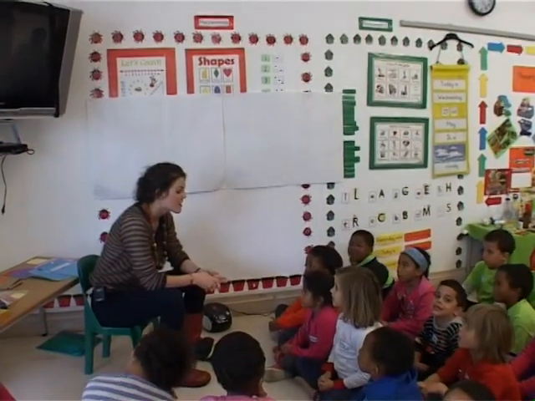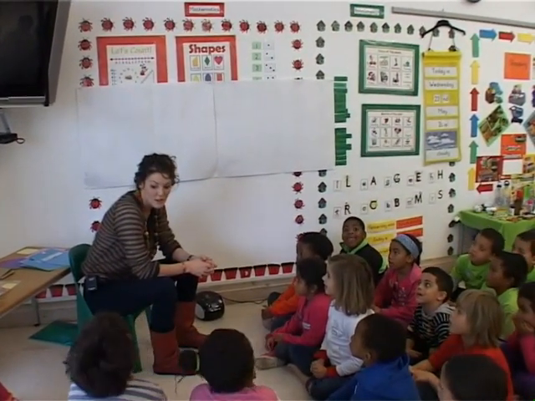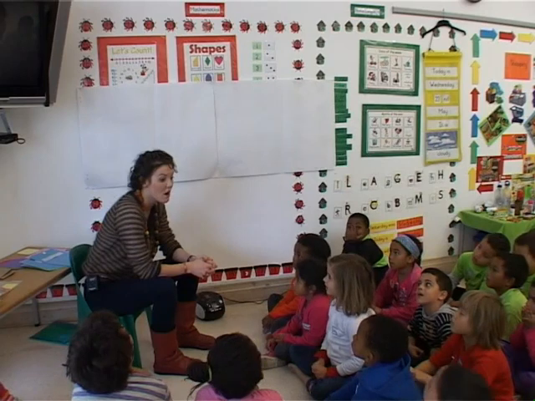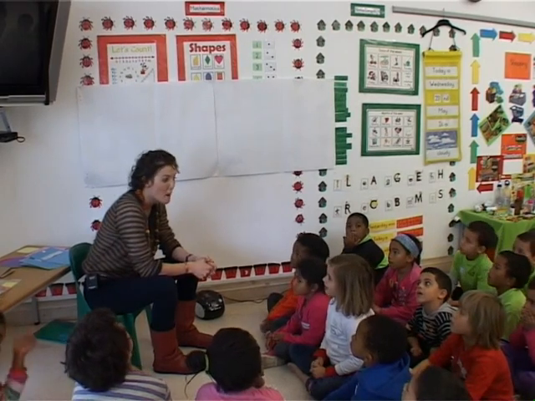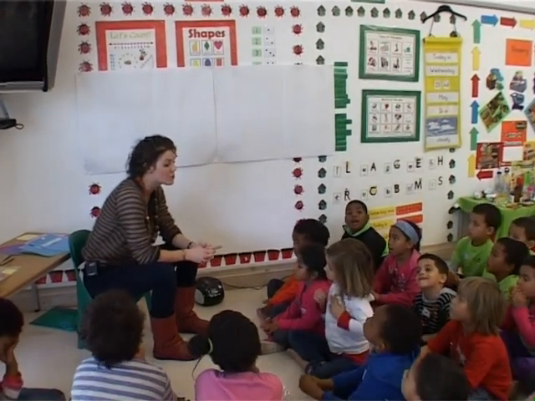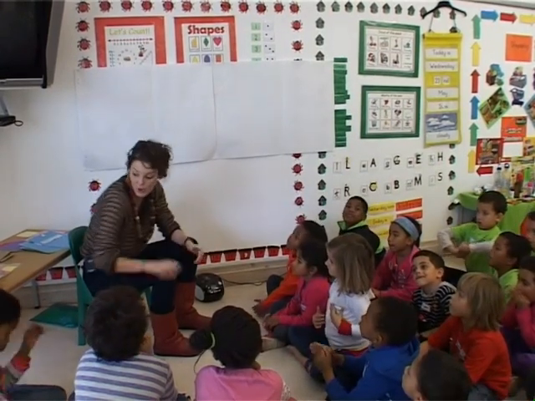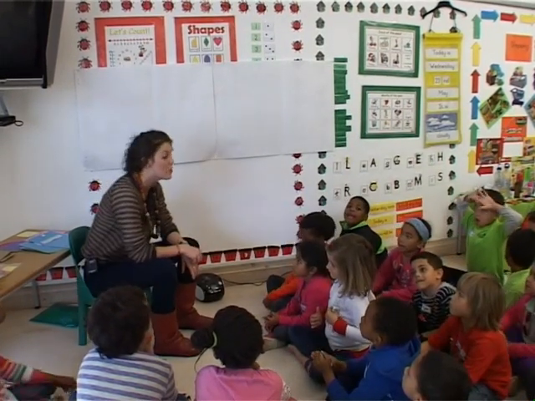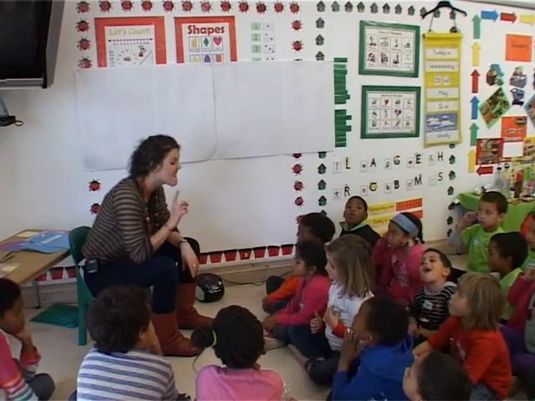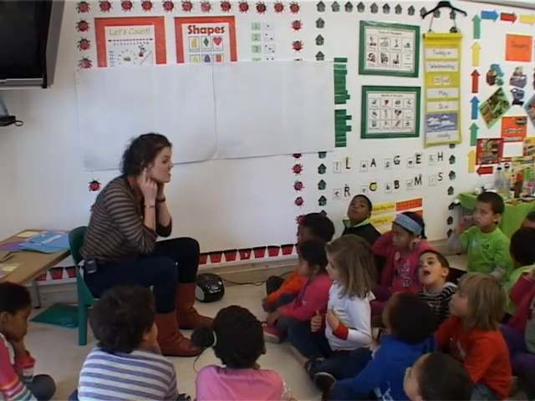Alright, grade R's. Today I'm going to be telling you a story about a friend of mine, Ollie the octopus. But before I tell you that story, I want to check that all of your listening ears are open so that you can listen to every single word in the story with these ears.